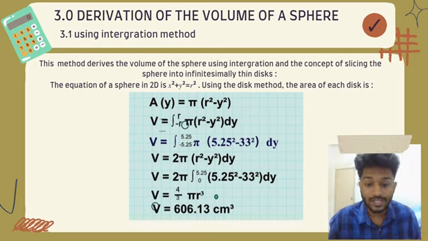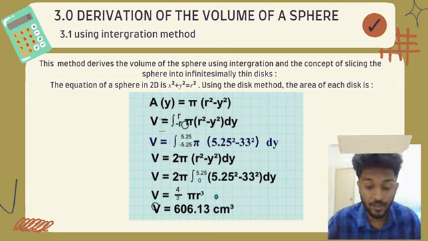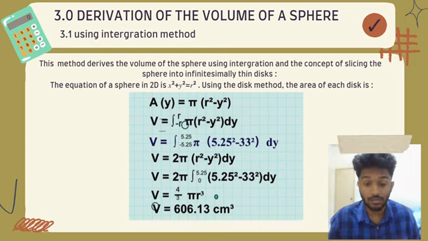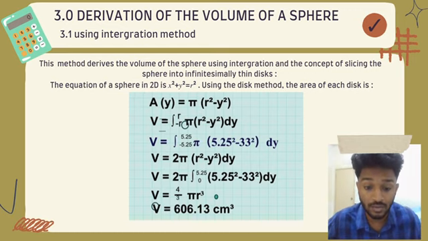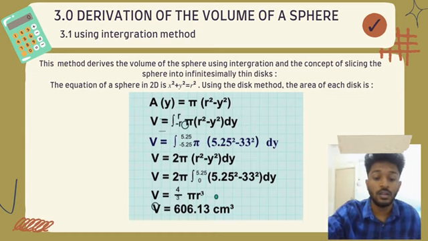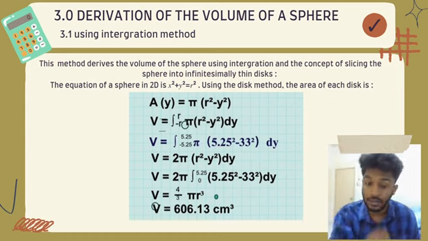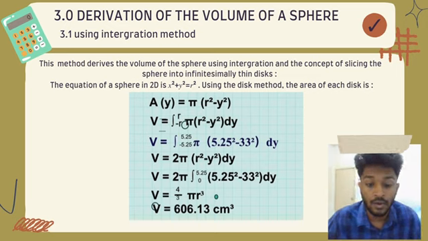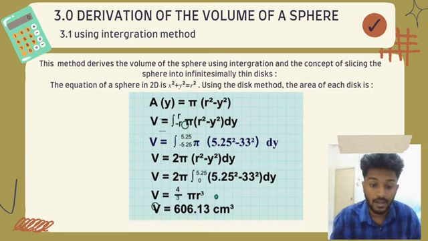In the next step, we substitute r, which is 5.25 centimeters, into the formula, and evaluate the integral step by step, which is the integral of (5.25 squared minus y squared) dy.